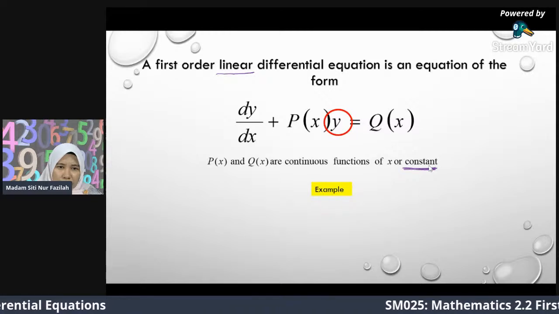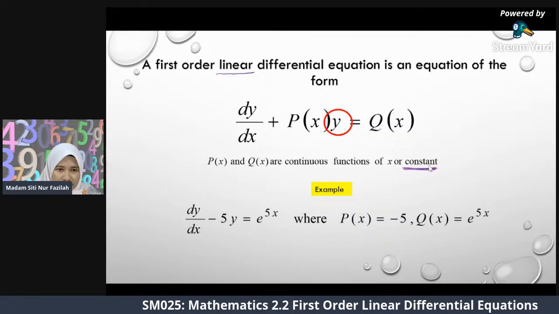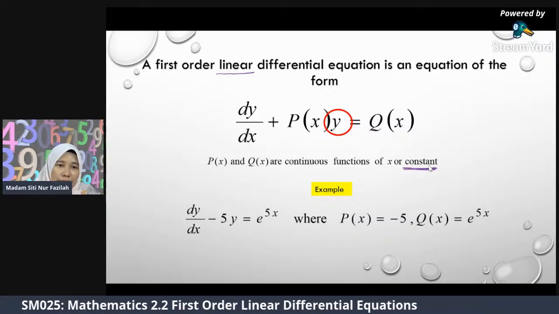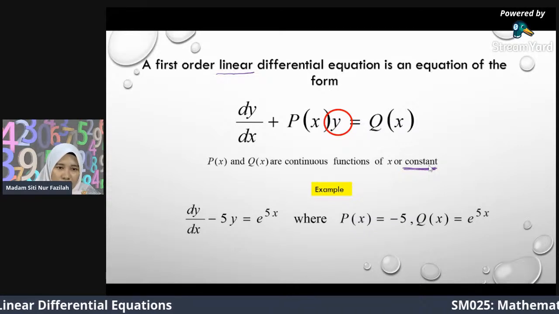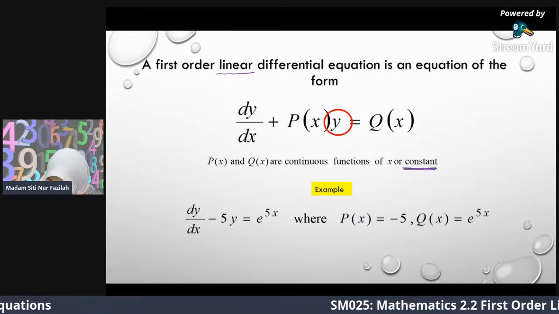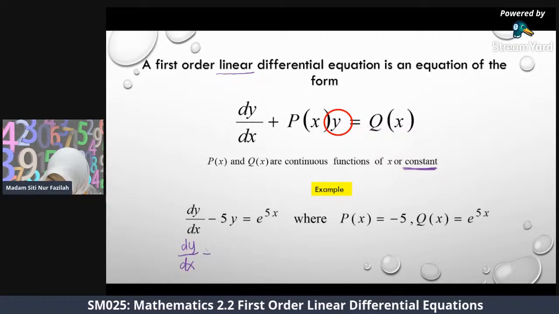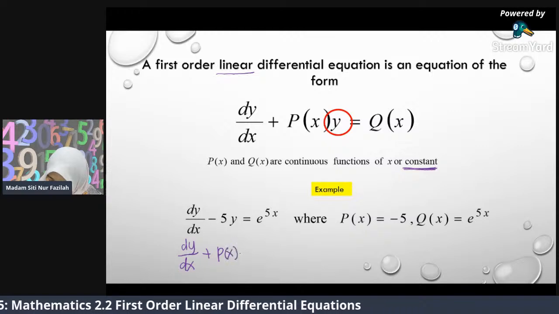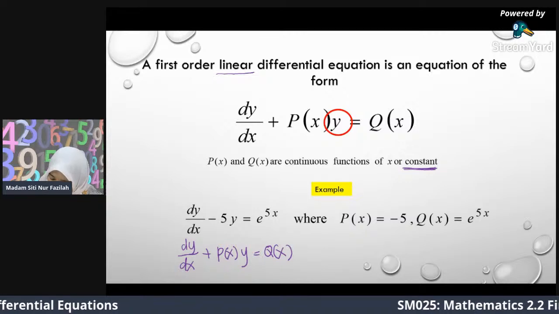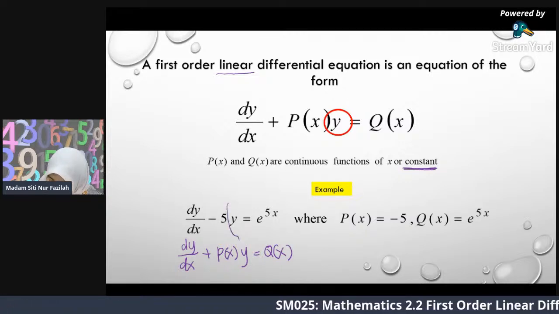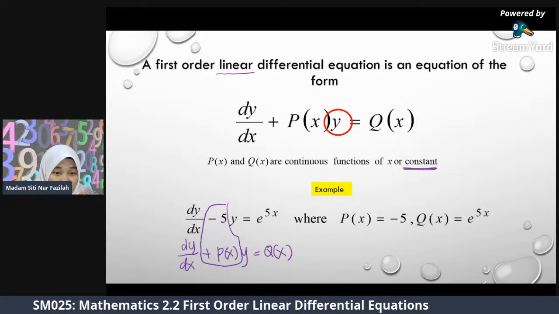For example, let's say we have dy over dx minus pi y equal e to the power of pi x. If we compare with the standard form dy over dx plus p(x) y equal q(x), what is the value of function p(x)?